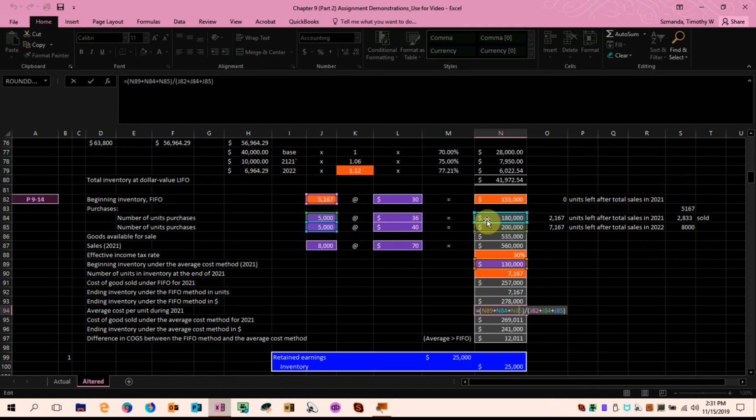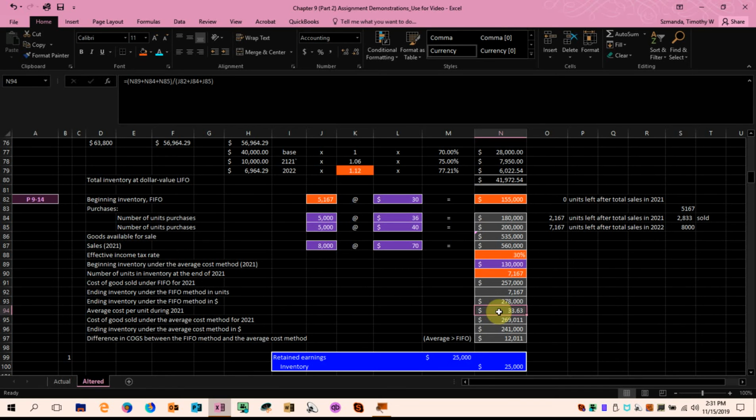You'll notice I do not use the 155 beginning inventory because that's what it would have been under FIFO. They're giving us the 130,000 beginning inventory under the average method. So I just need to add that to my two purchases and divide that by the total number of units, 15,167 using my numbers. That'll give you the average cost per unit under the periodic method.